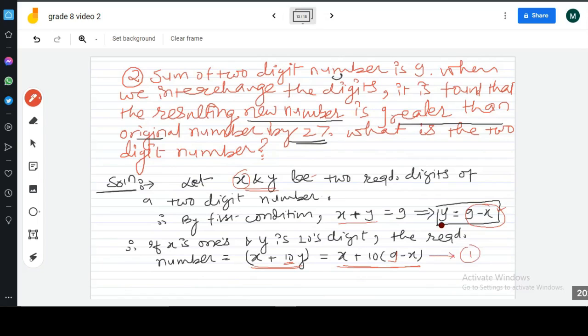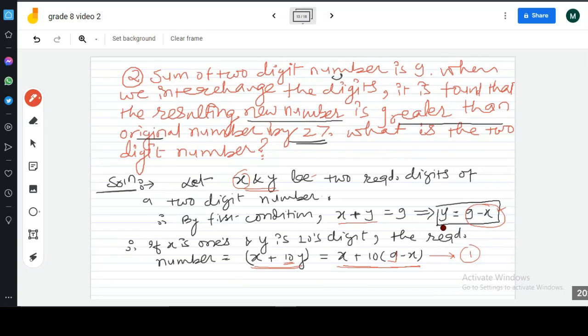So the new number, equation 2, is greater than the original number by 27. The original number is equation 1, expression 1. Means equation 2 is equal to equation 1 plus 27.